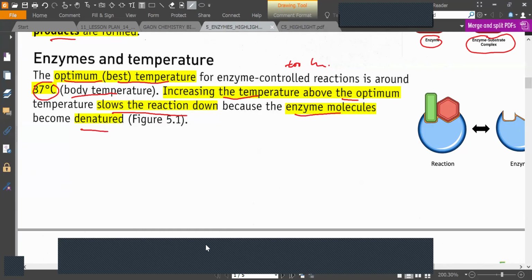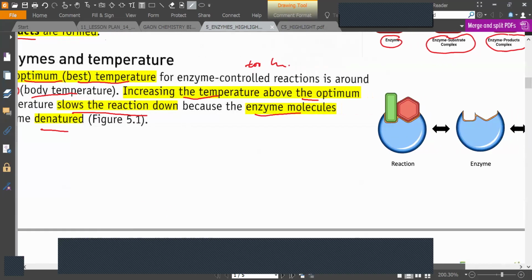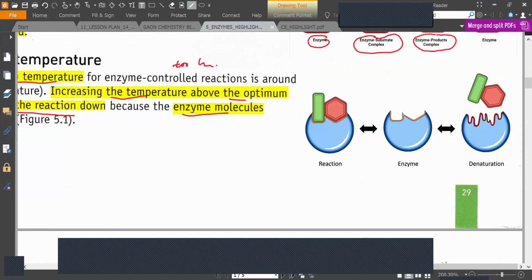What does denature mean? This is our normal enzyme, and the reaction can happen. But if the temperature is too high, the enzyme will denature, so the substrate cannot fit into the enzyme. Now the reaction cannot happen, so it will slow down or stop completely.